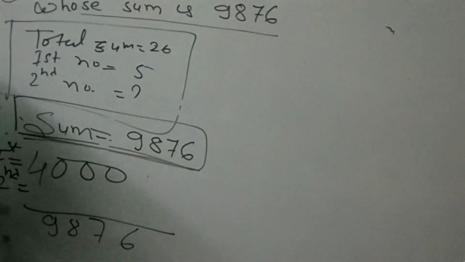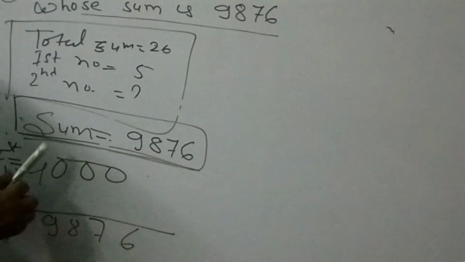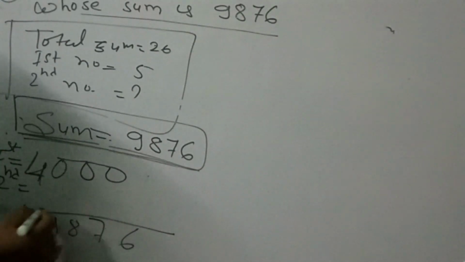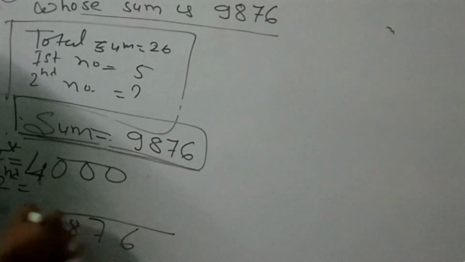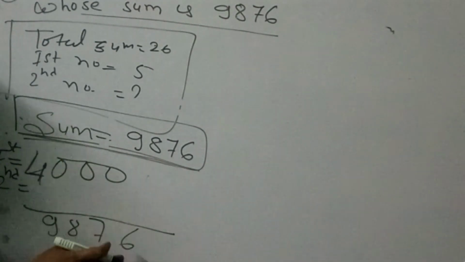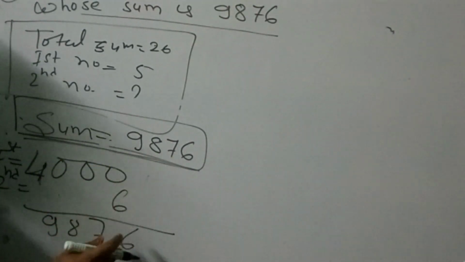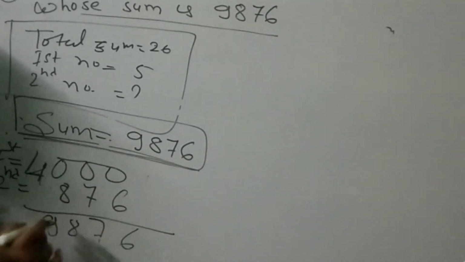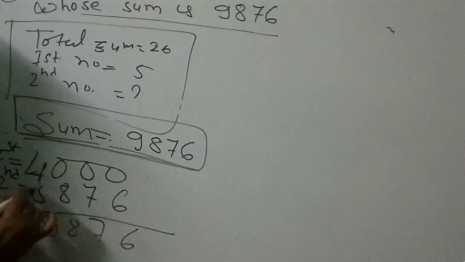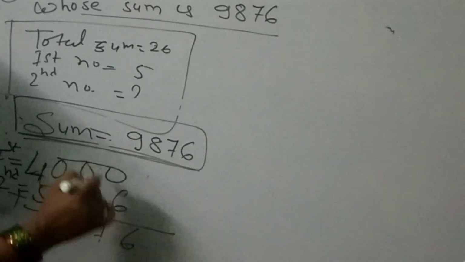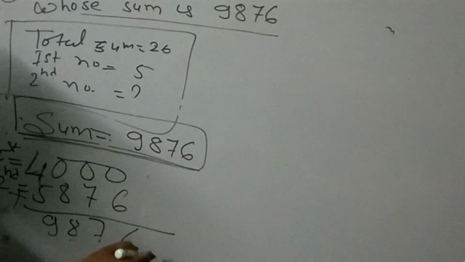So here we suppose the first number is 4000. Then what is the second number? Then it will be 5876. Its sum will be 9876. Easily we can see here 6 minus 0, 6. 7 minus 0, 7. 8 minus 0, 8. 9 minus 4, 5.